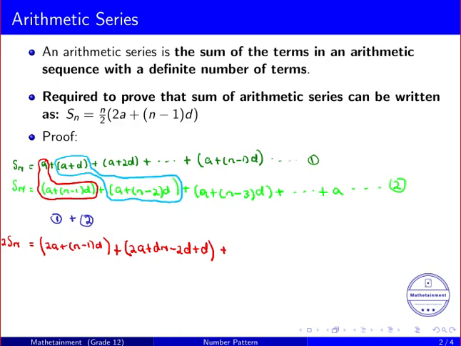So now let's go to the third term. You add it with your third term also.